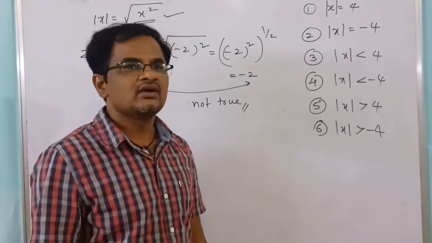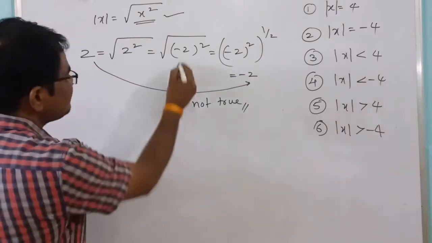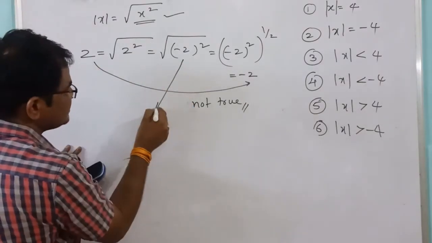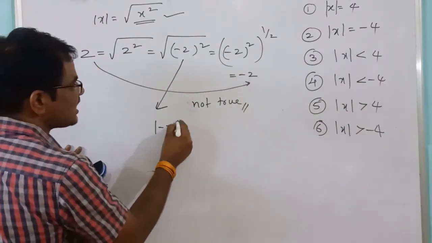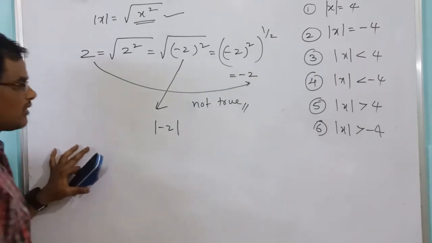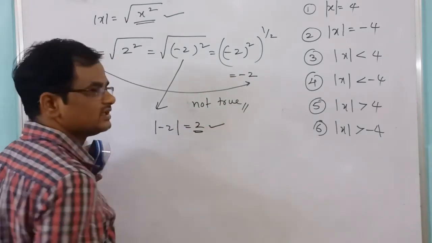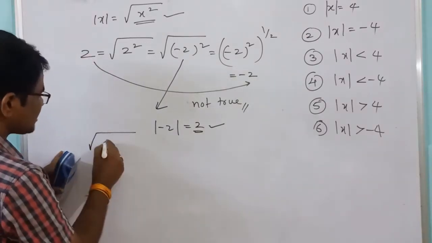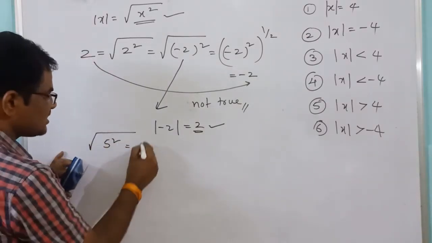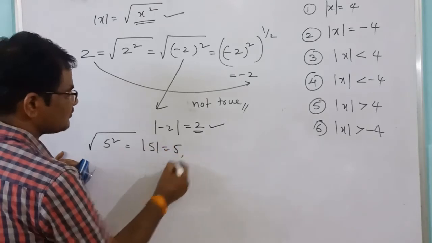So that's why, whenever this is there, it can be written as modulus of minus 2. Modulus of minus 2 is equal to 2 only. Root of 5 square means modulus of 5, which is equal to 5.